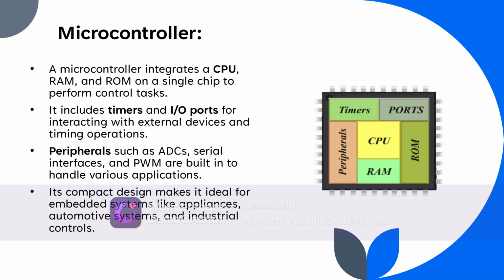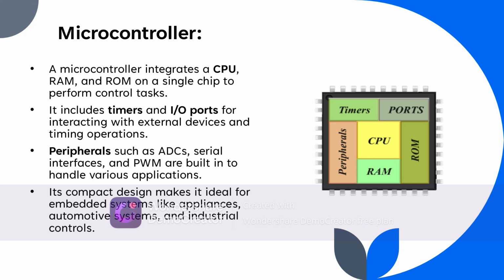Now we'll move to the microcontroller. What is a microcontroller and what does it comprise? It integrates a CPU, RAM and ROM on a single chip in order to perform control tasks. It also includes timers and input-output ports for interacting with external devices and timing operations.